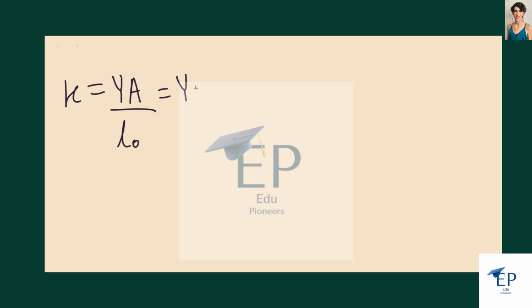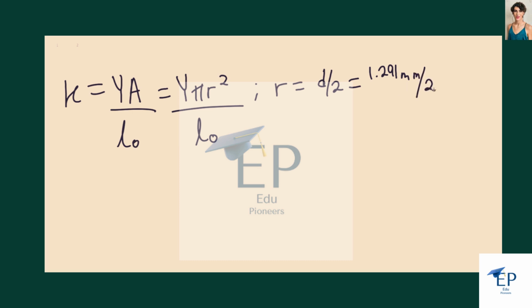This would be equal to Y times pi r squared divided by the original length. And we know that the radius is half of the diameter. So this would be 1.291 millimeters over 2. So the radius is going to be equal to 6.455 times 10 to the negative 4th meters.